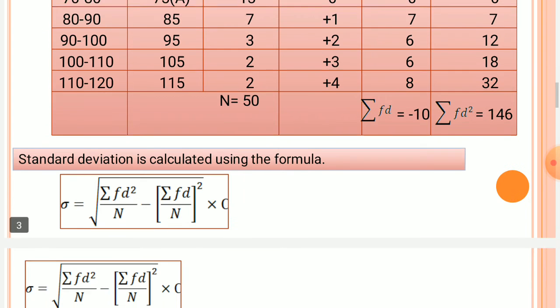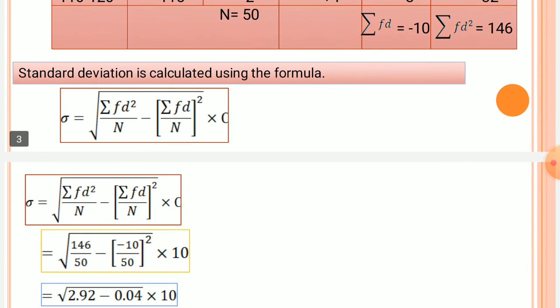Now standard deviation can be calculated using this formula. Sigma is equal to root of sigma fd square by n minus sigma fd by n whole square, into c. So this is the formula we use to compute standard deviation under continuous series.